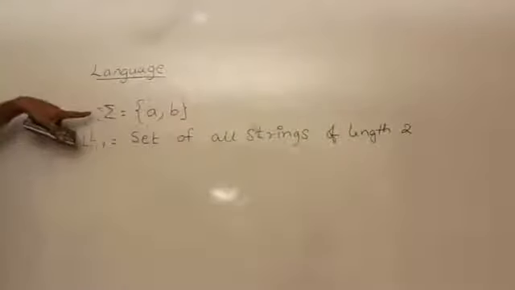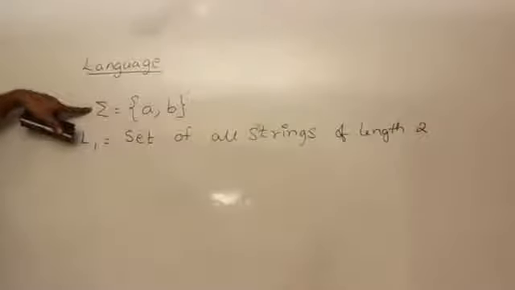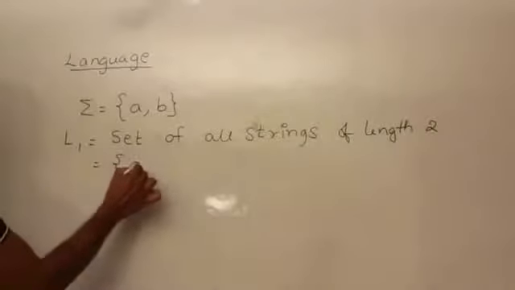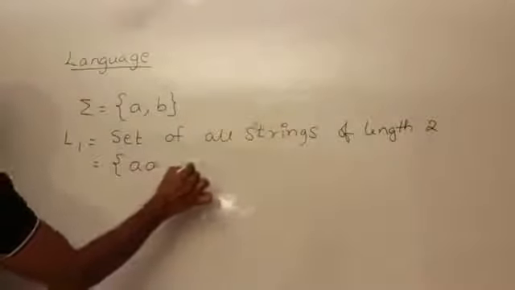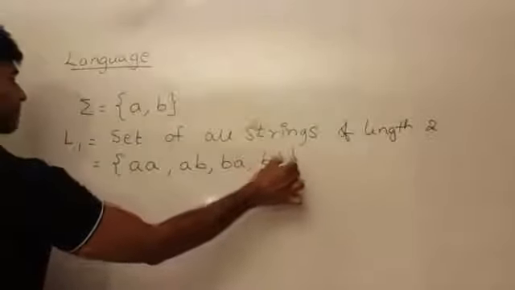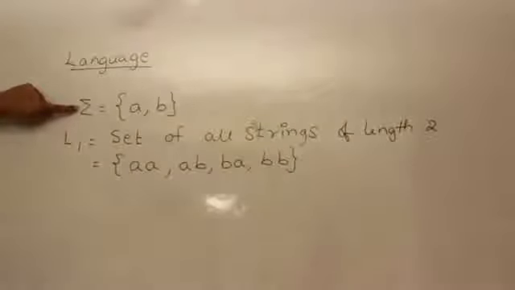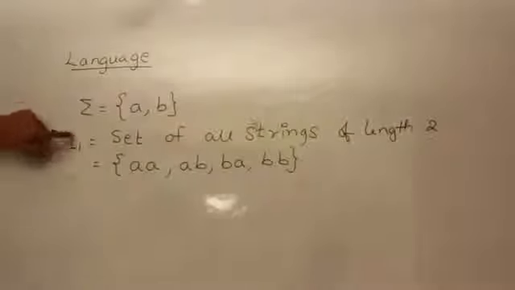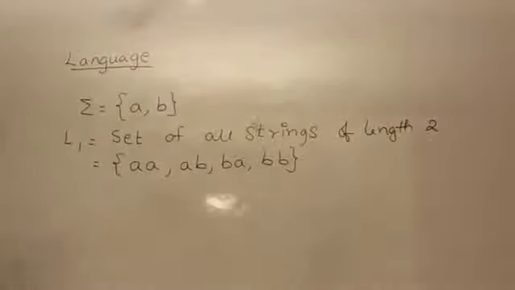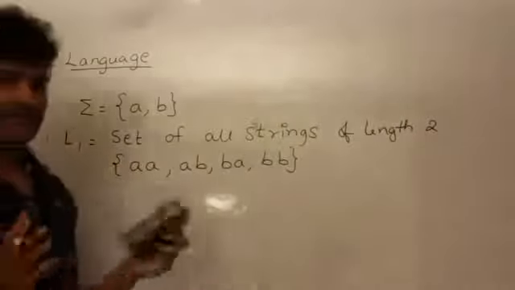So using this alphabet sigma, what is the set of all strings of length 2 we can form? Definitely the set is going to be {aa, ab, ba, bb}. And in fact this set is a finite set, so I can call L1 a finite language.